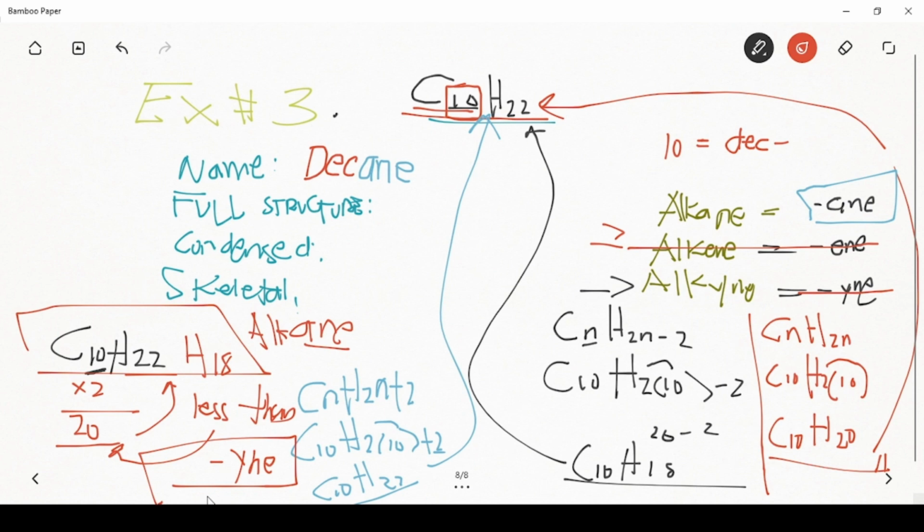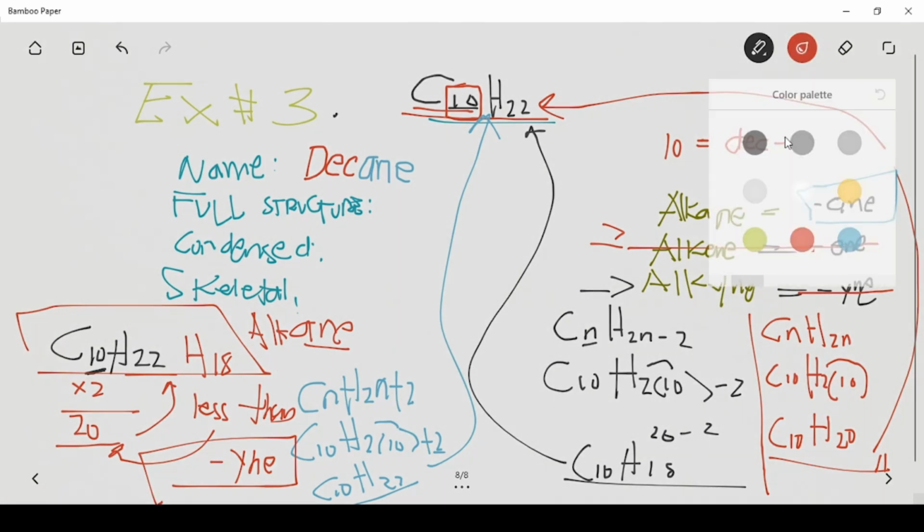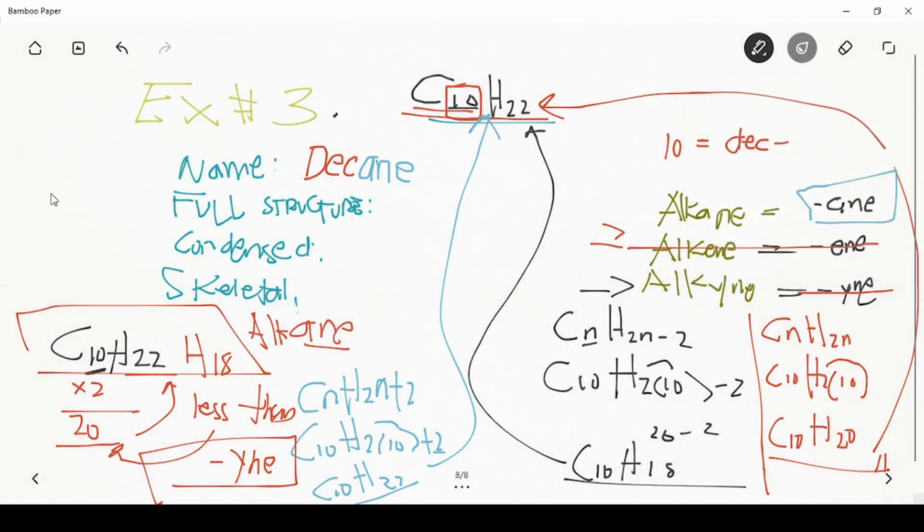Okay, get it? Now, if it is C10H20, and we multiply the 10 by 2, it becomes 20.